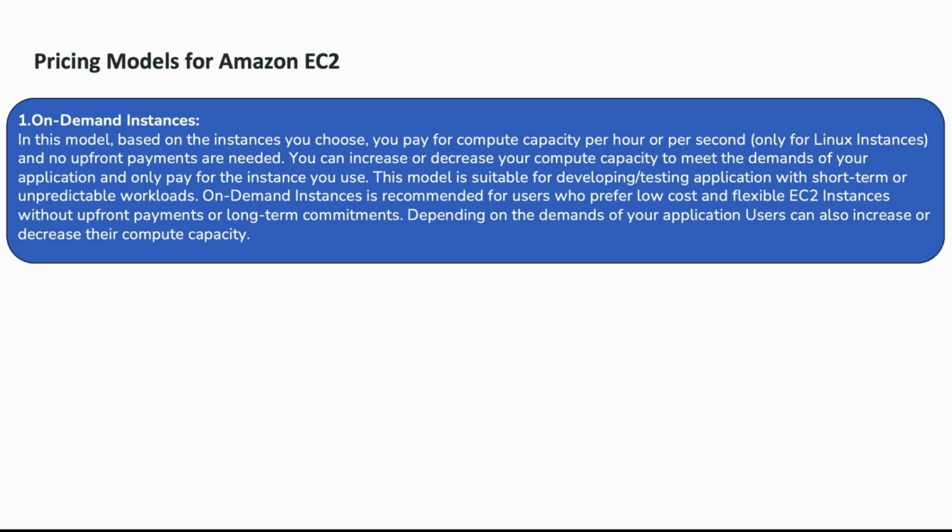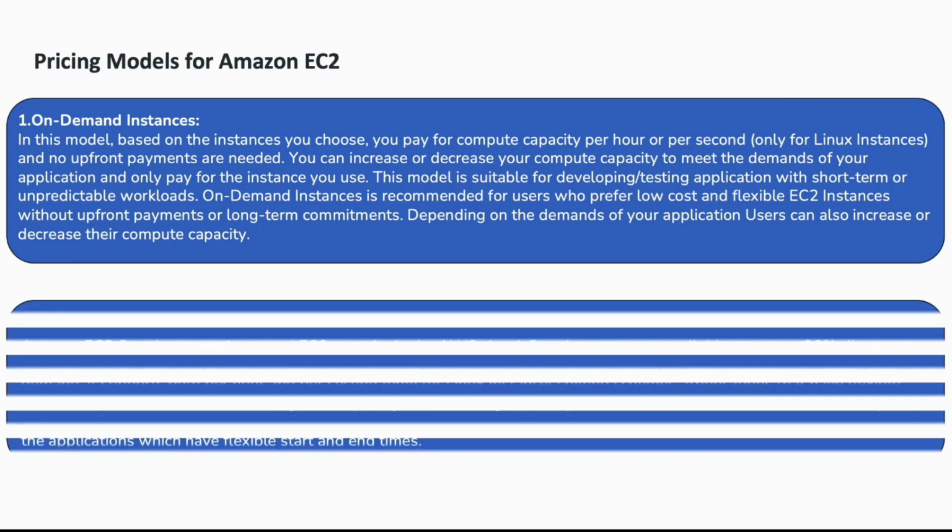This model is suitable for developing and testing applications with short-term or unpredictable workloads. On-demand instances are recommended for users who prefer low-cost and flexible EC2 instances without upfront payments or long-term commitments. Depending on the demand of your applications, users can also increase or decrease their compute capacity.